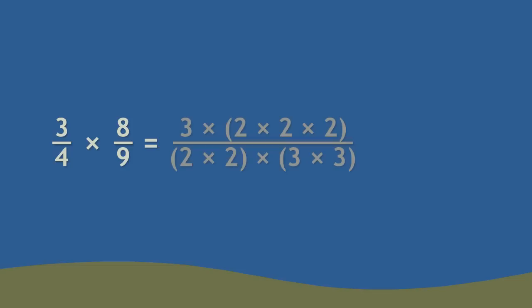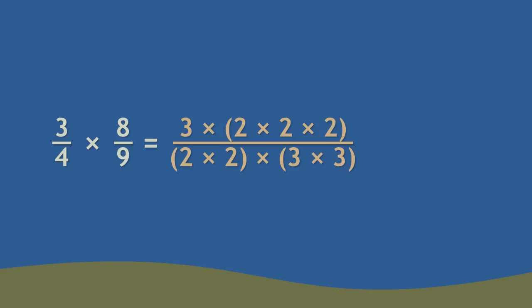So 3 and 8 would be written as 3 times 2 times 2 times 2, and 4 and 9 would be written as 2 times 2 times 3 times 3. So take a minute and I want you to write this problem out in your journal. Good job. Okay, so this is the long way that you would write out the problem for cancellation.